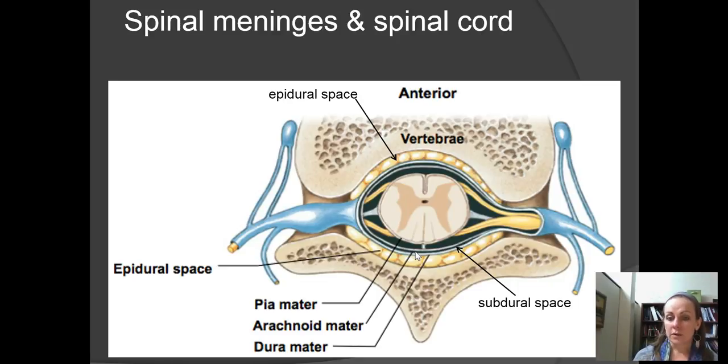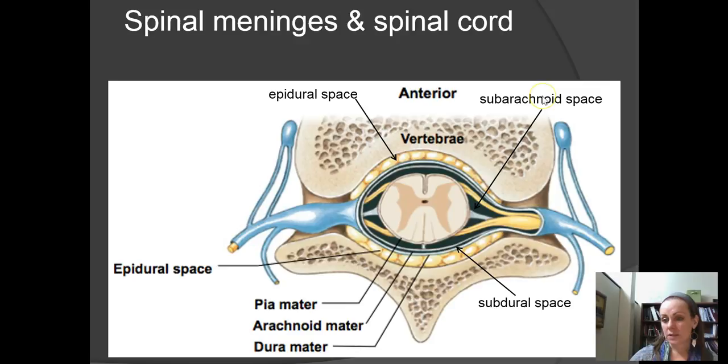Now, deep to the arachnoid mater, we're going to find the subarachnoid space, and you can see it here, and here, and also in this black area that goes all the way around here. So it's the largest space in this location, certainly much larger than the subdural space.